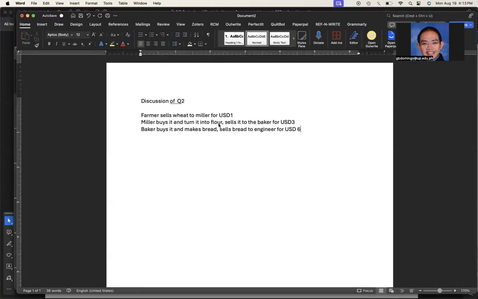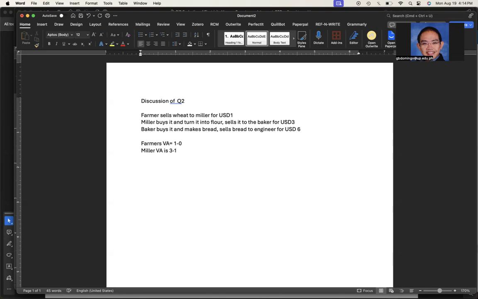So what is the value added per person? Given only this information, what's the value added per person? The farmer's value added equals 1 minus 0. 0 because we don't have any information at all about the inputs. Typically there'll be some sort of inputs here, but if this is hypothetically the start of the supply chain, then there are no purchased inputs. There are only produced inputs, like you make the wheat, you have the seeds and so on. Miller, VA, is 3 minus 1.